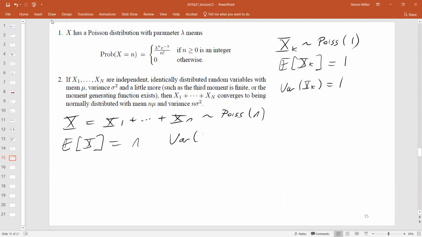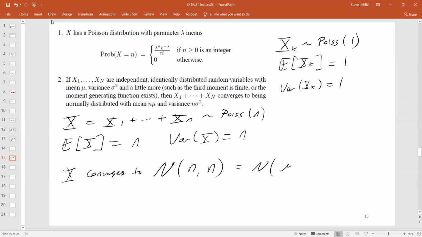And the variance of x? Not n squared, just n. The variance of a sum of independent random variables is the sum of the variances. Each one has variance 1, so the variance is just n. So this means x converges to a normal with mean n and variance n.